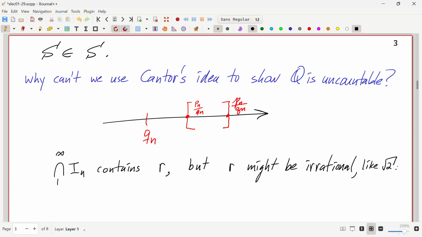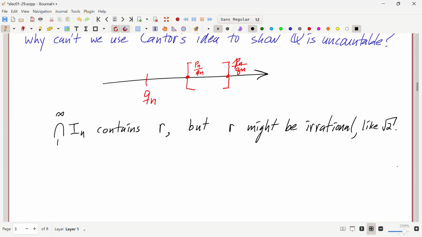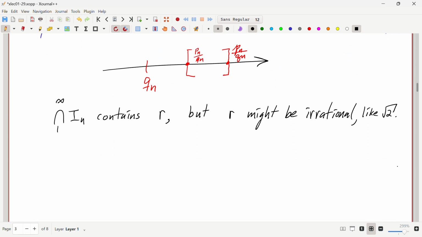I should also show you some examples about why we had to make those intervals closed. So here's some very easy examples. If I took In to be the open interval, say from 0 to 1 over n. Those are the open intervals, not closed.